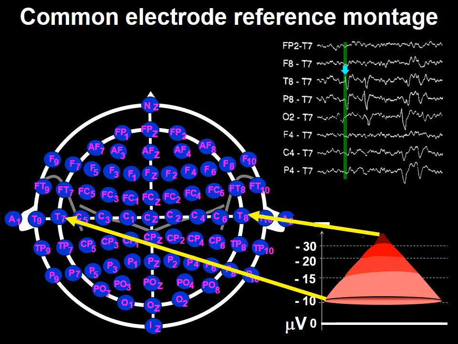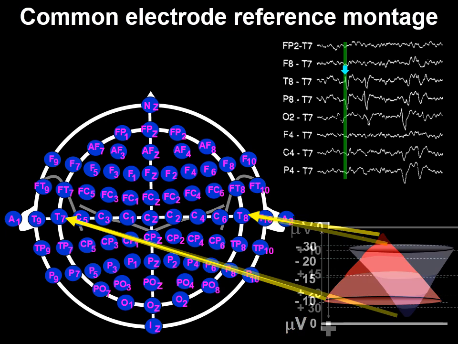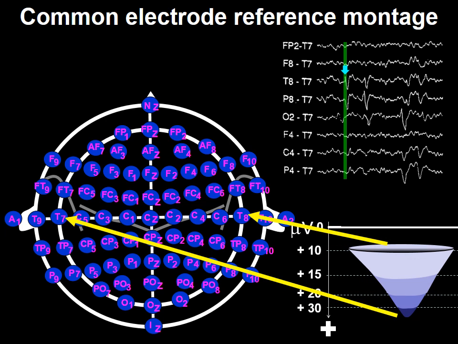So, in this case, and at the time indicated by the aqua arrow on the tracing, T7 is either the minimum negativity or a maximal positivity, since all the waves occurring at that time are either neutral or in the same direction.